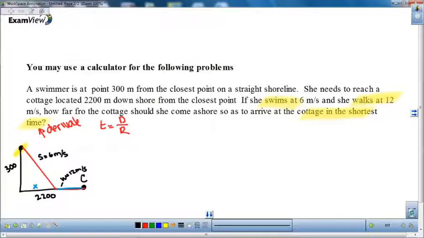So this part is going to be 2,200 minus x. And using the Pythagorean theorem, this is going to be the square root of 90,000 minus x squared.